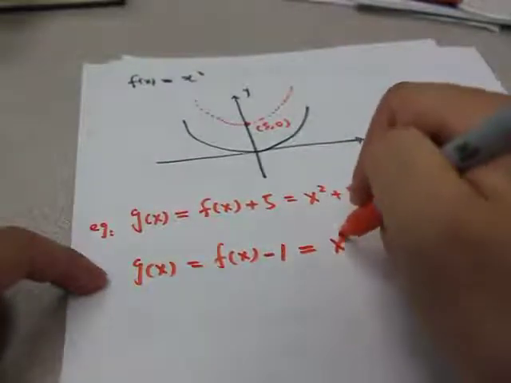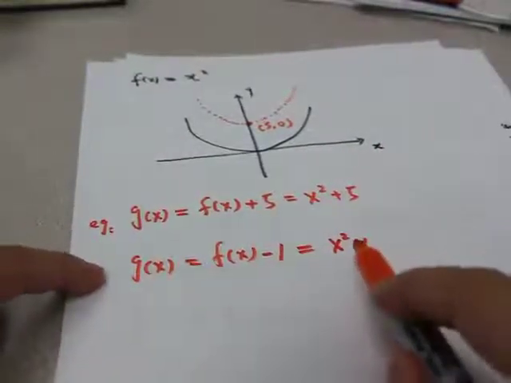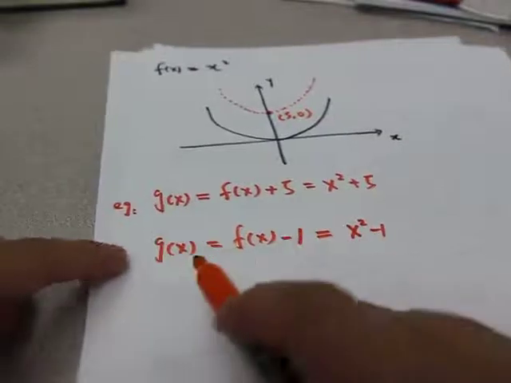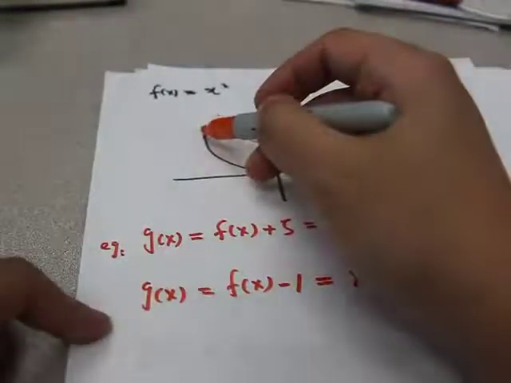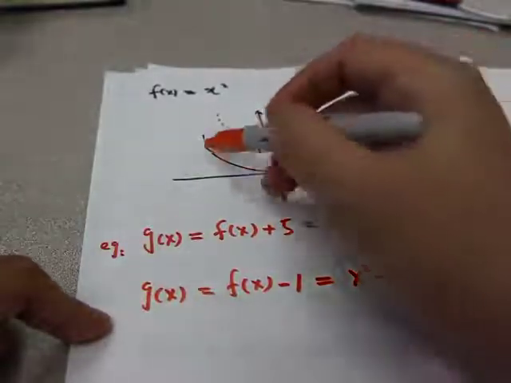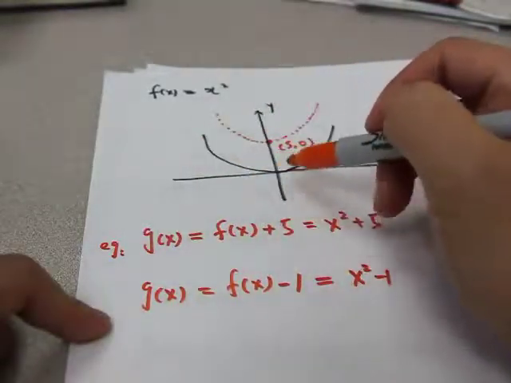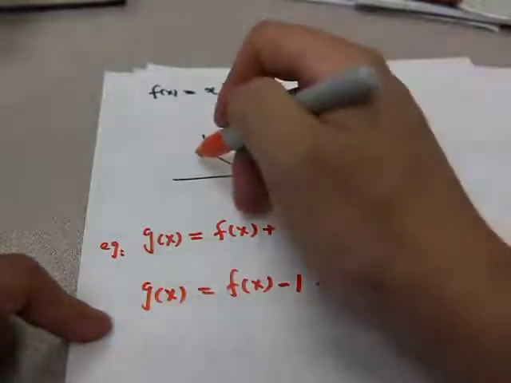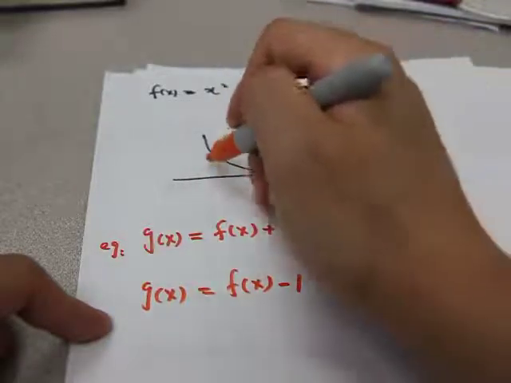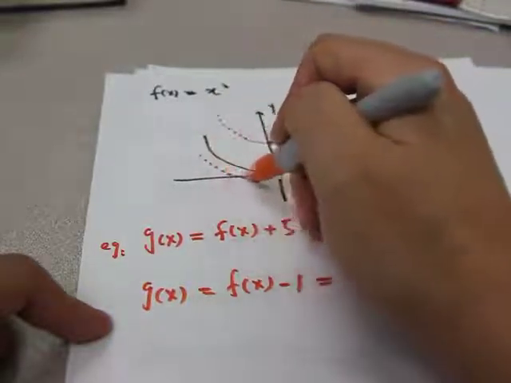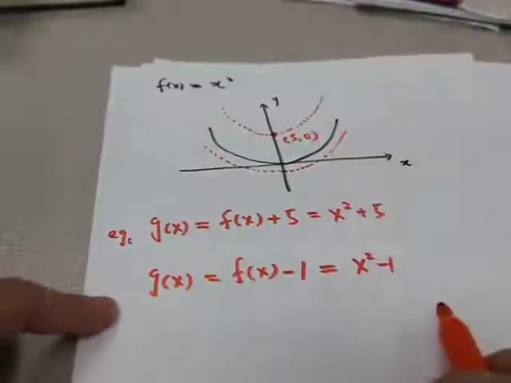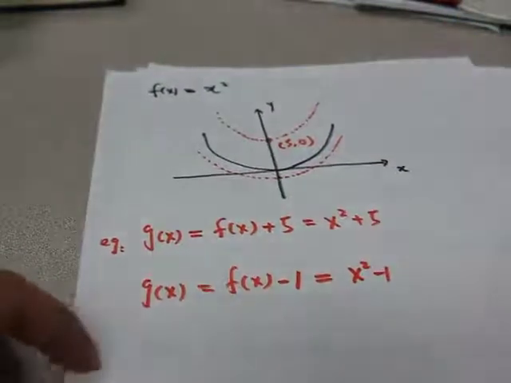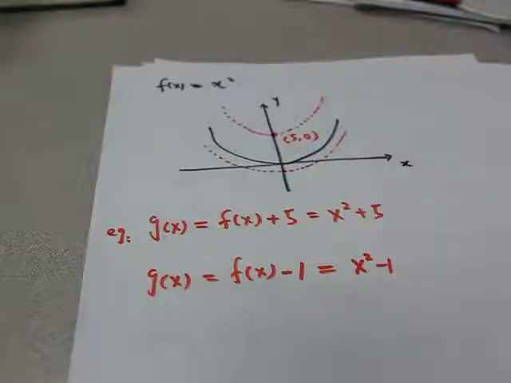So this time we want to graph the function g(x) equals x squared minus 1. This time we're going to shift the function downward for 1 unit. So we may get something like this. Okay. So this is what vertical translation means.